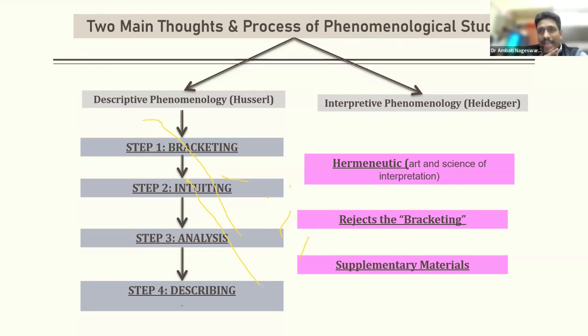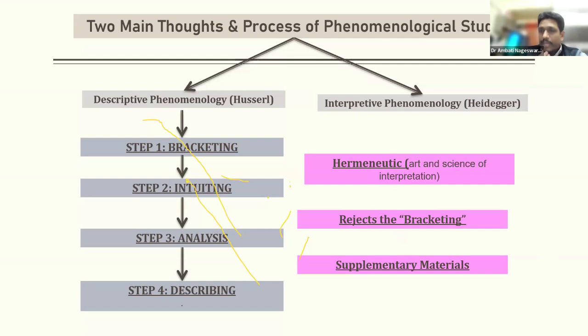You will follow certain validity, reliability strategies to overcome your bias, but 100%, you may not say that you don't have any kind of prior assumption or bias as an interpretive phenomenologist. So that is one concept of interpretive phenomenology. In addition to your own interpretation, you're also going to use the existing materials, existing studies in order to co-create the knowledge. So these are the main differences between descriptive and interpretive phenomenology.